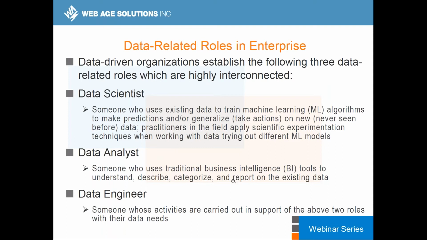Currently, what has been established is the three data-related roles in enterprise or in any web culture type of projects. So you have at the top of that totem pole data scientist.